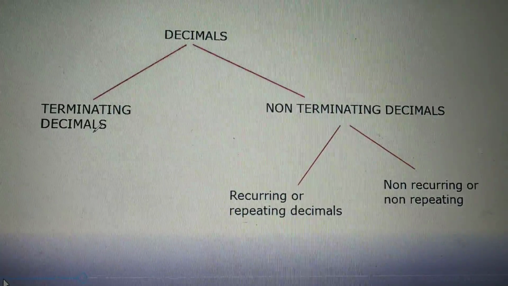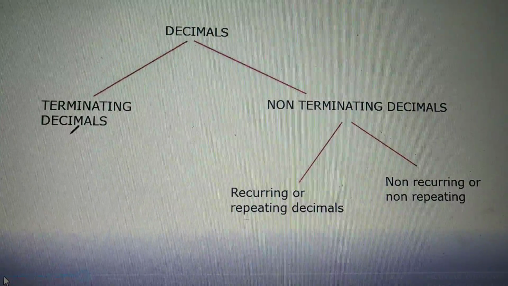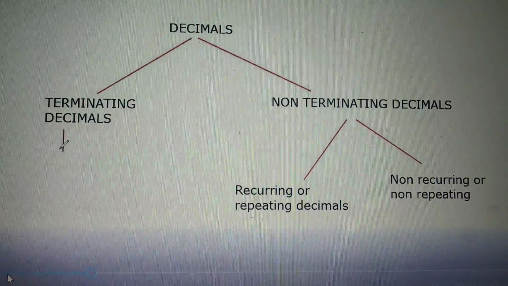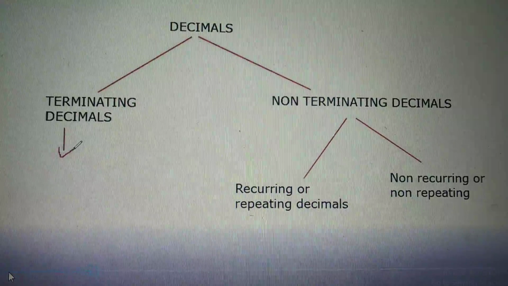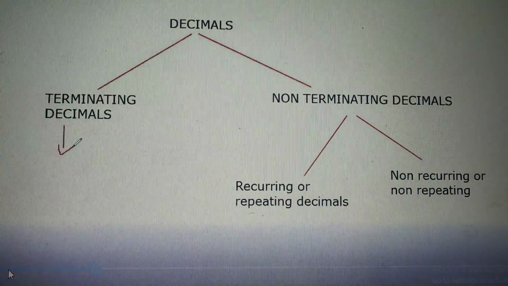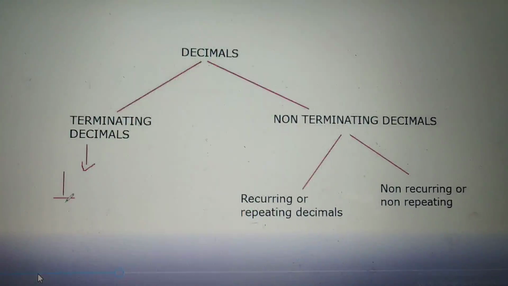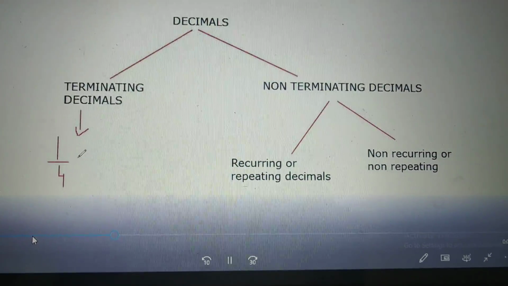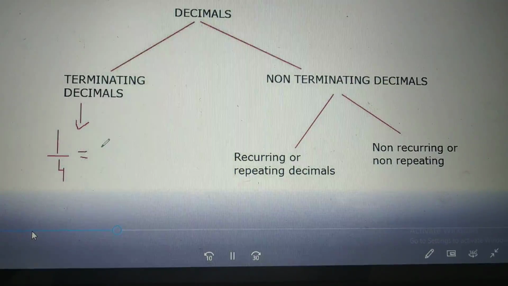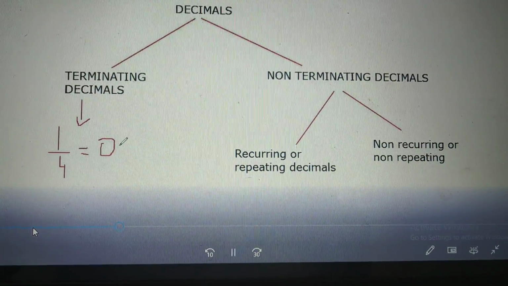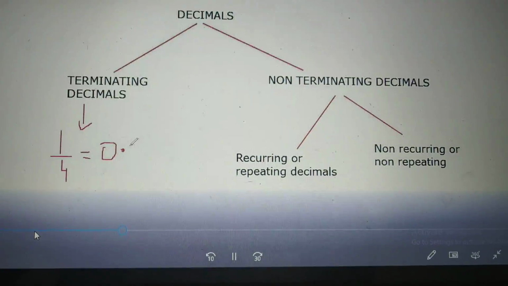Study about these decimals. Terminating decimals are those which terminate after some finite point of decimals. For example, I have 1 by 4. If I divide 1 by 4, I get 0.25 and 0.25 is getting terminated.